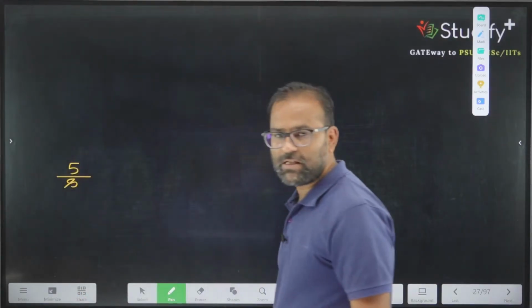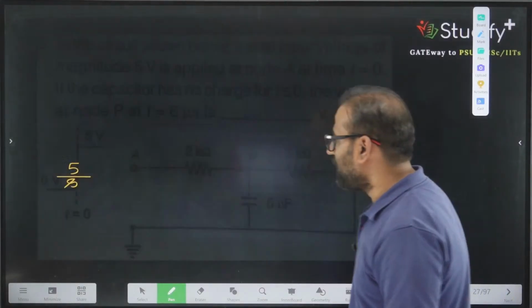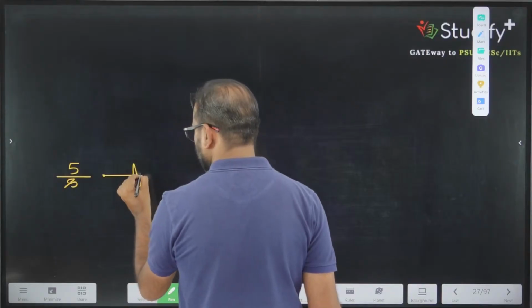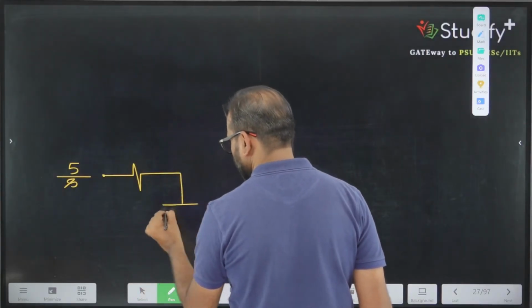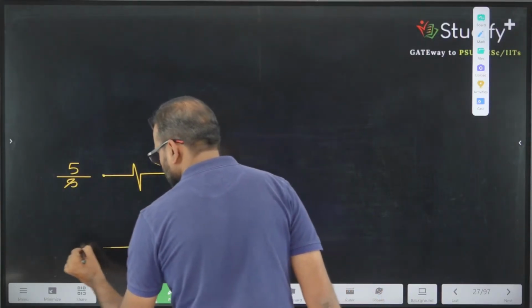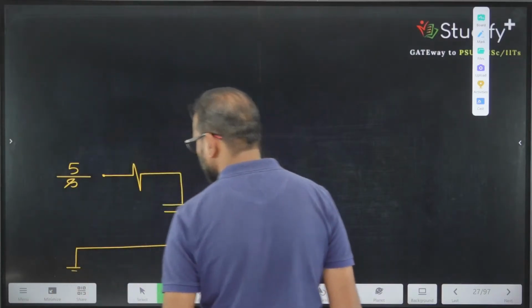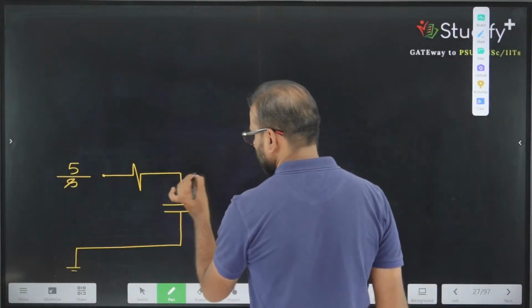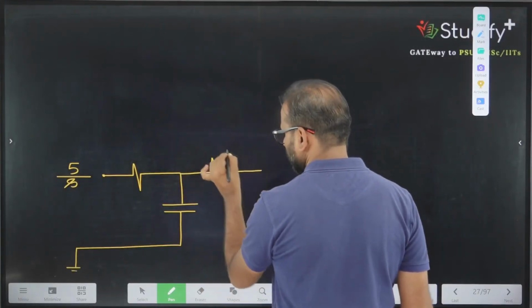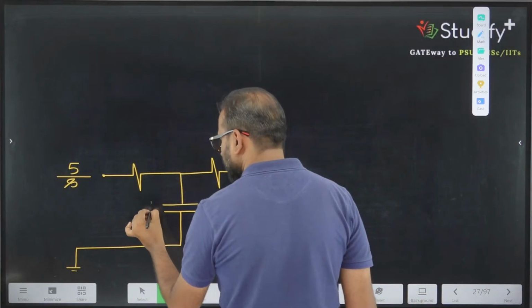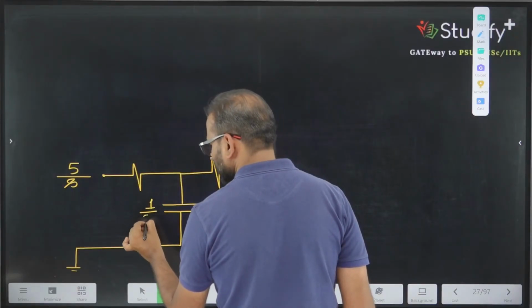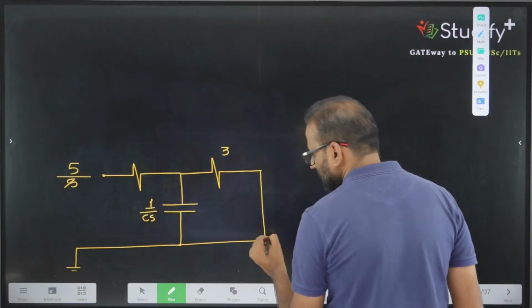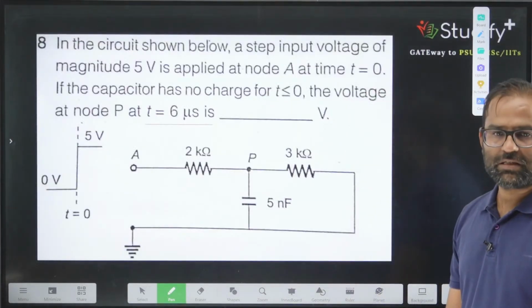Here we have one resistor, and here one capacitor connected to the ground. What else is there? A 3 kilo ohm resistance. And I will replace this capacitor by 1 by CS. This kind of circuit is given.